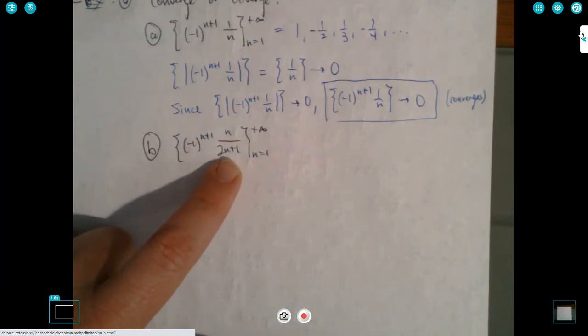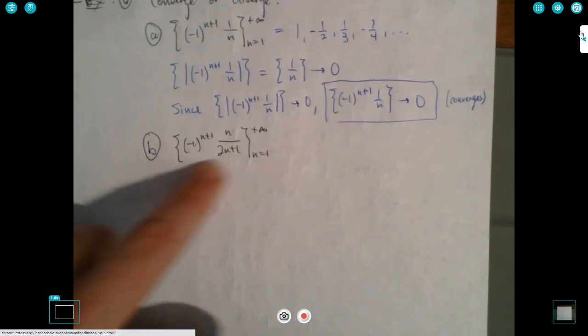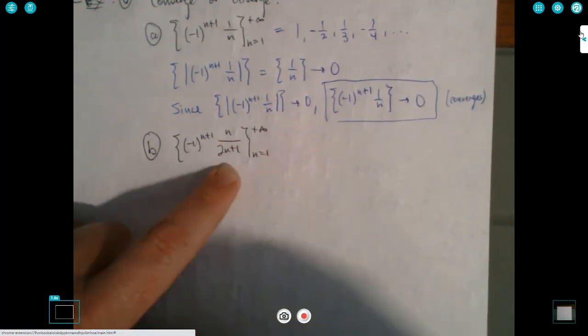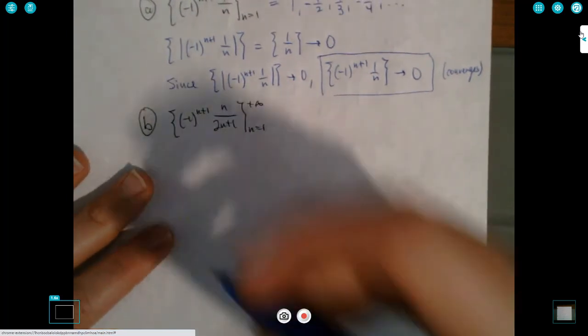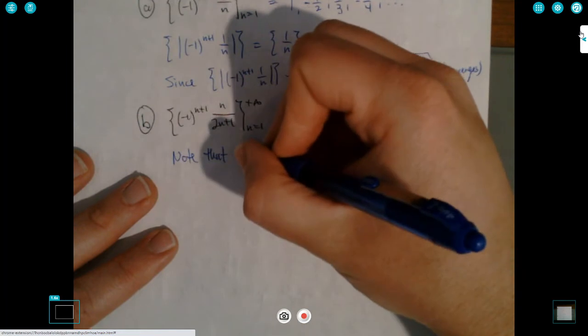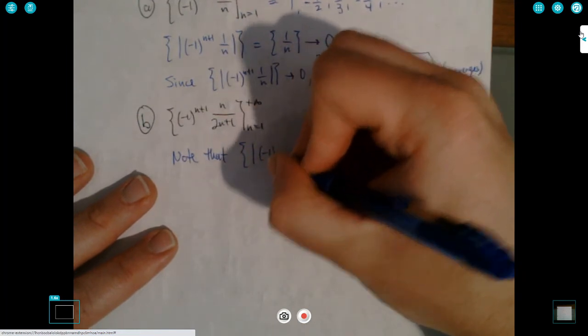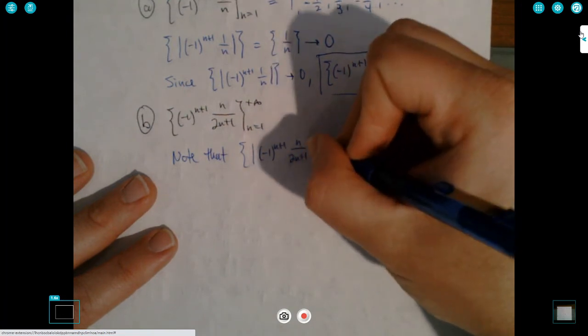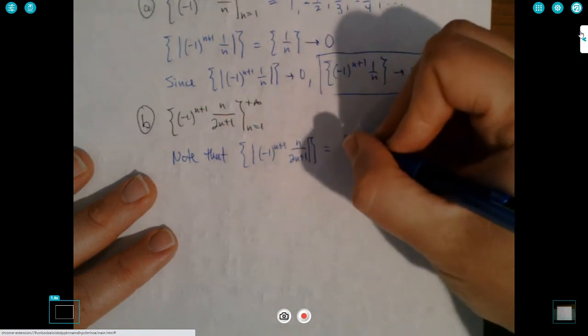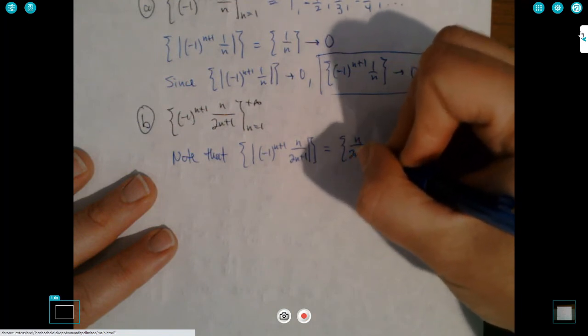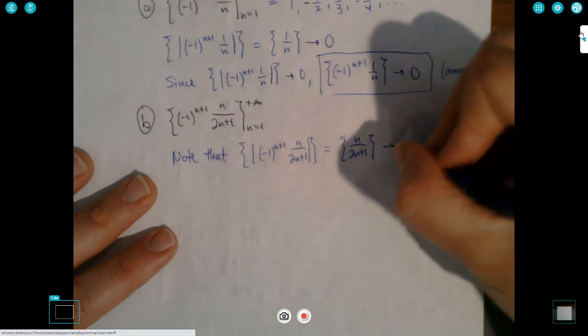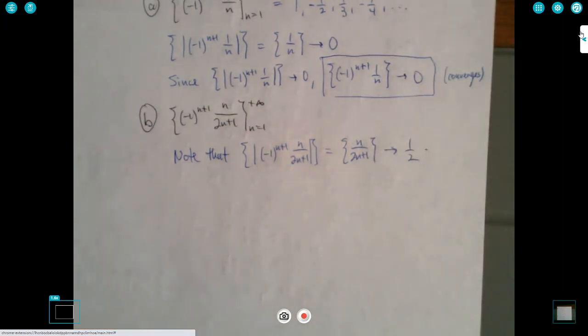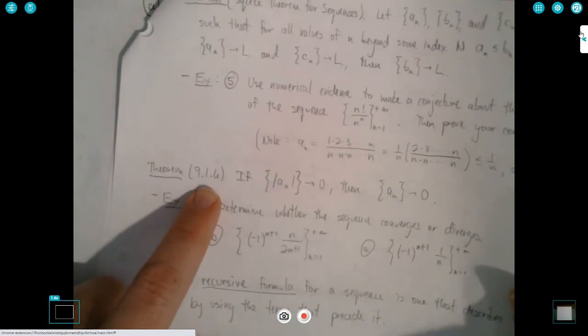So the absolute value of this thing does not go to 0, it goes to 1/2. So note that the absolute value equals n over 2n plus 1, which goes to 1/2. So the previous theorem, theorem 9.1.6, doesn't help.